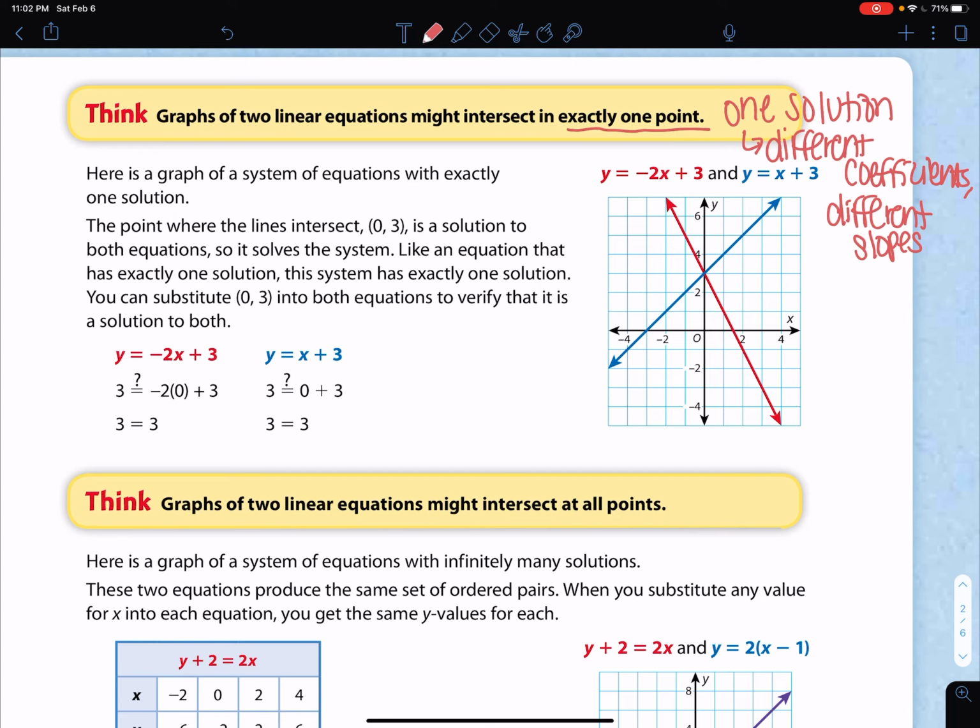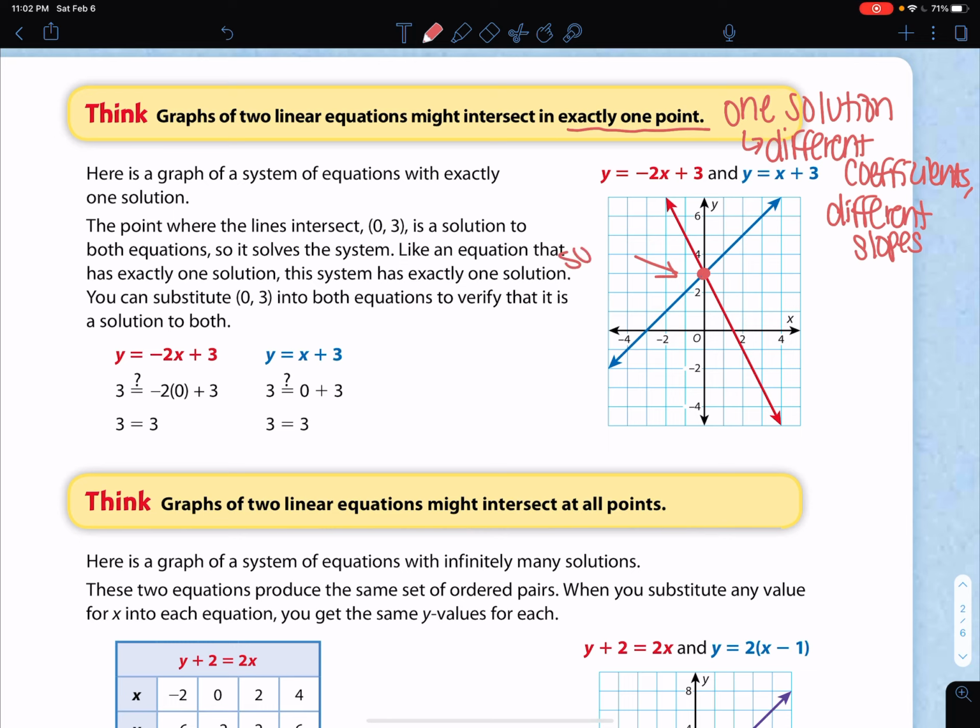So here is a graph of a system of equations with exactly one solution. The point where the lines intersect is (0, 3), which we see here. So that means it's a solution to both equations. So that means wherever these two lines intersect is where you have your solution.